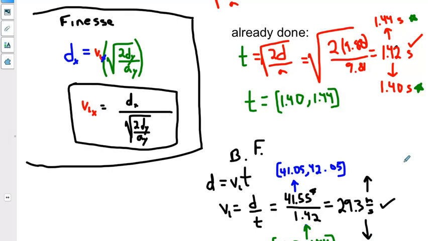So which 2 numbers are you going to use to get the biggest VI? Remember, you got 2 choices up here for D and 2 choices for T. So what combination, what D and what T are you going to use to get you the biggest VI?